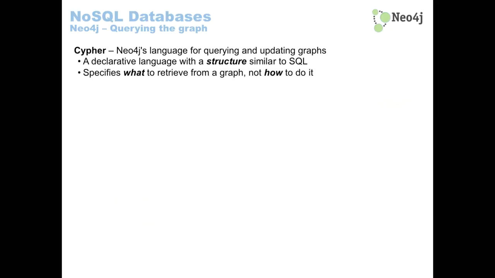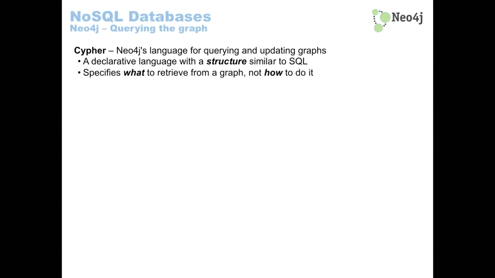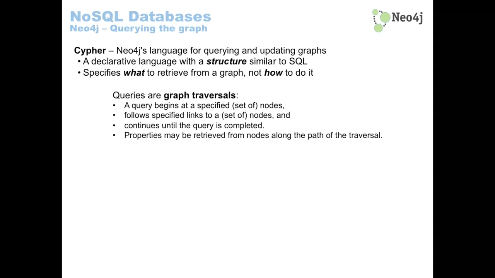So, querying the graph. Cypher is Neo4j's language for querying and updating graphs. It's a declarative language that has a structure in some ways similar to SQL. The structure is similar in some ways, not the syntax. It specifies what to retrieve from a graph rather than how to retrieve it.